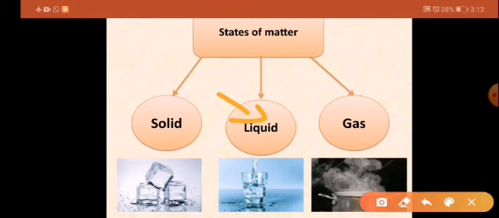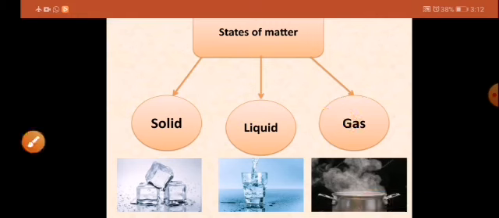Like water, juice, milk. These are liquid matter. Okay, what about gas matter? Yeah, the air that contains the oxygen gas that we can breathe. So these are all the types of matter.